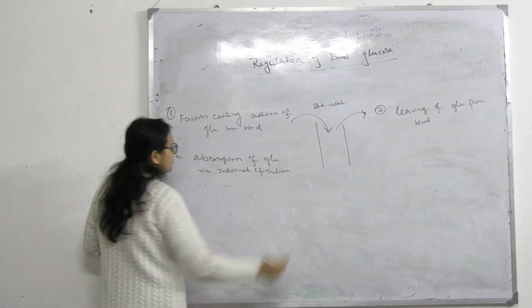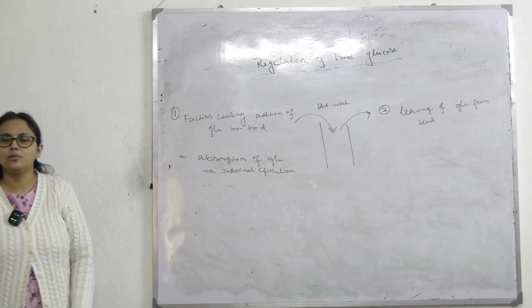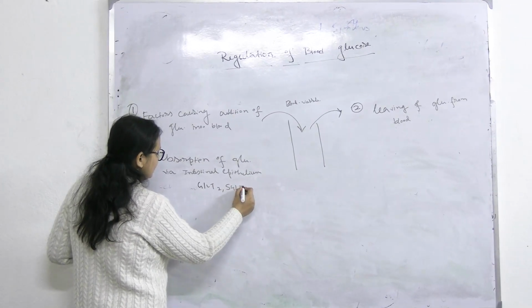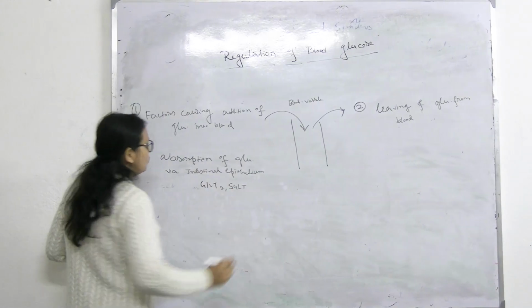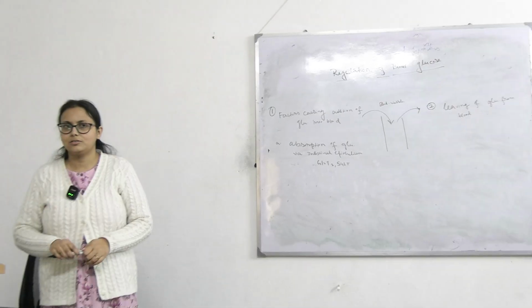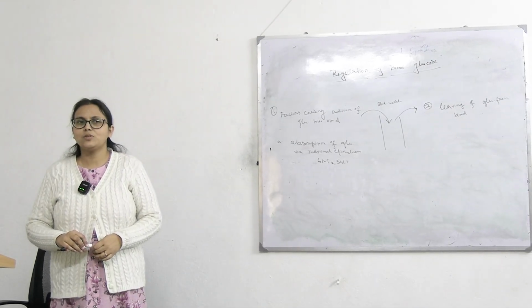What are the receptors present in the intestinal epithelium to absorb glucose? SGLT, sodium dependent glucose transporter, and another, GLUT 2. Where is GLUT 4 present? GLUT 4 is very important because it has insulin sensitivity.